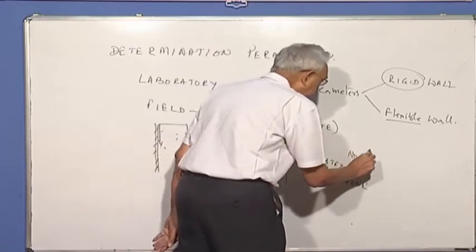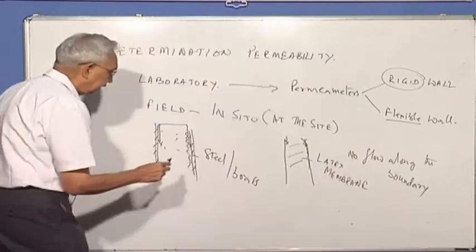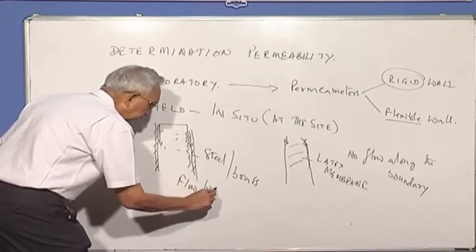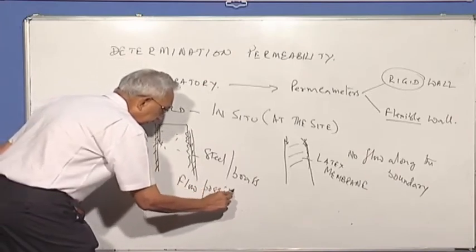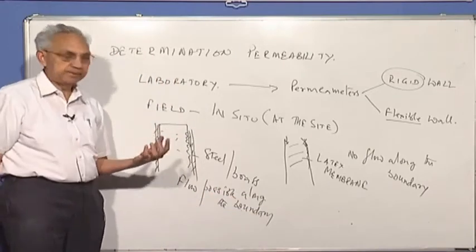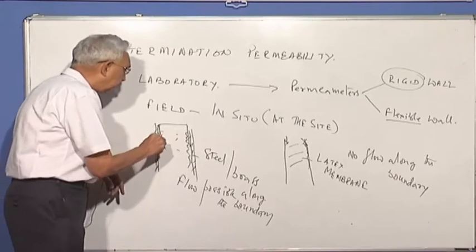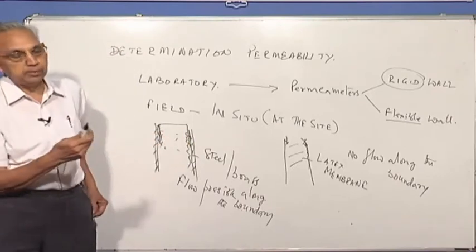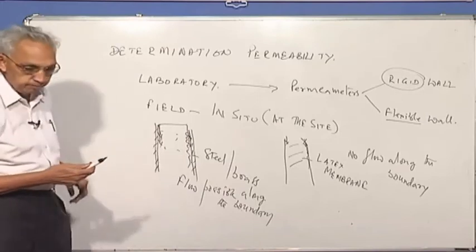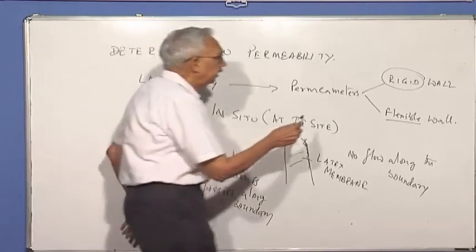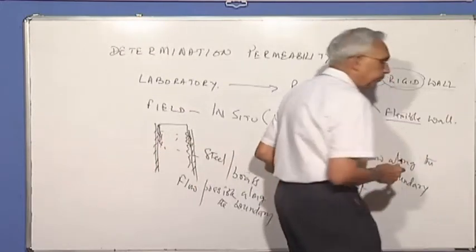Here flow is possible, though it may not be significant. What you find is maybe 5%, 10% of the water will not flow through the soil, but will flow along the boundary of the permeameter. But most laboratories have only a rigid wall permeameter.